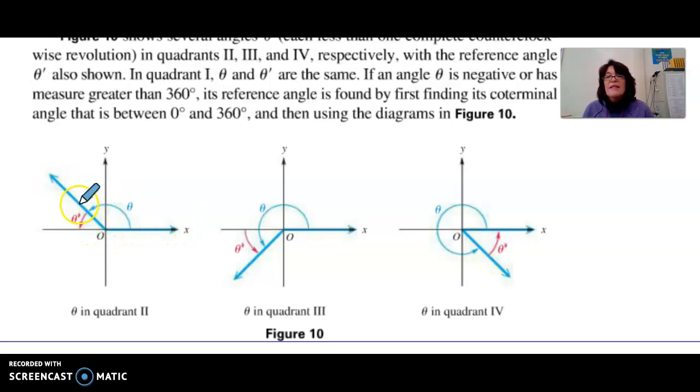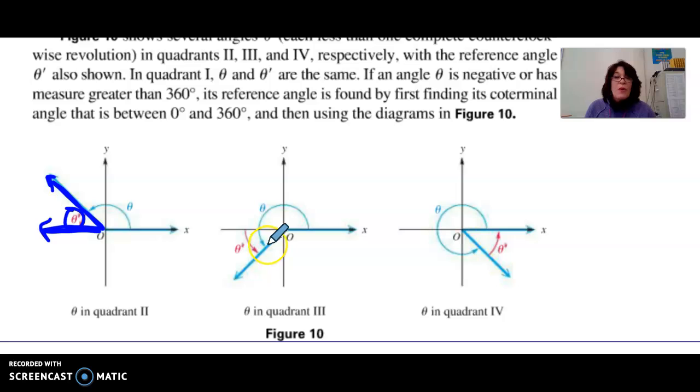To find the sine, cosine, tangent, I'm going to refer to this angle, this measure right here. I know it's not how we usually think of them. They're not in standard position anymore, but whatever this measure is, that's my theta prime. That's what I'm going to refer to. And the sine, cosine, tangent of whatever this degrees are will be the same as the sine, cosine, tangent of theta.